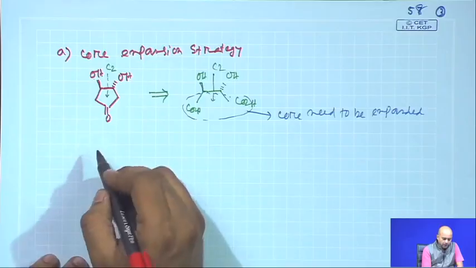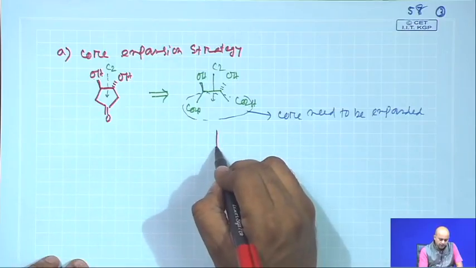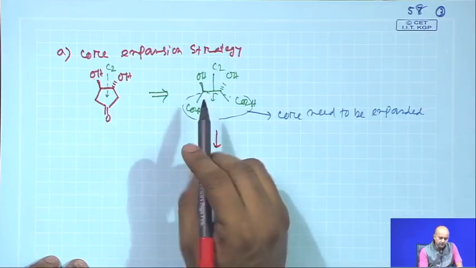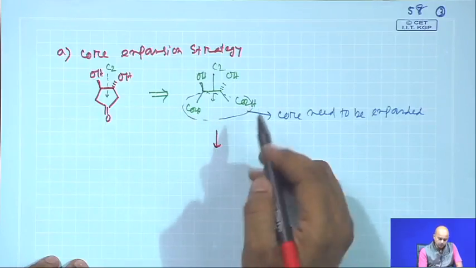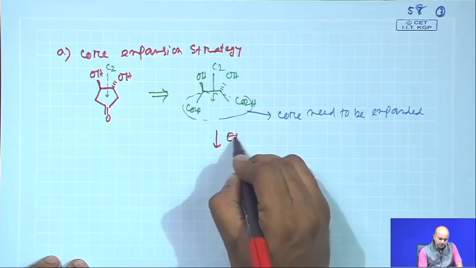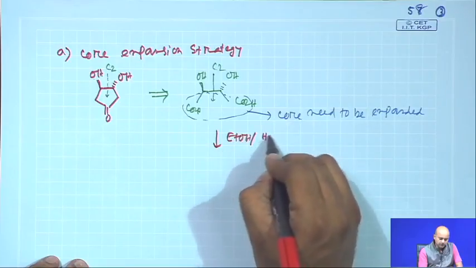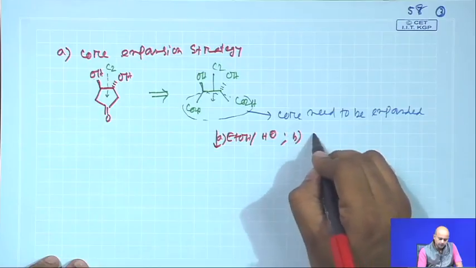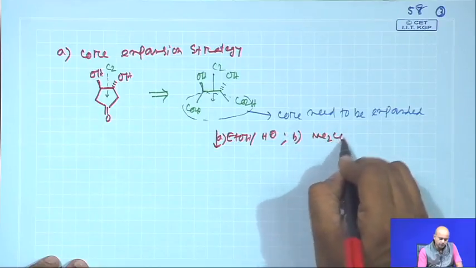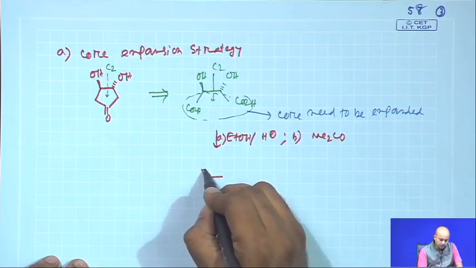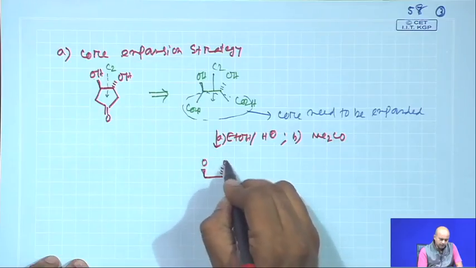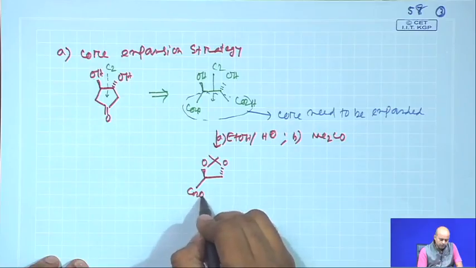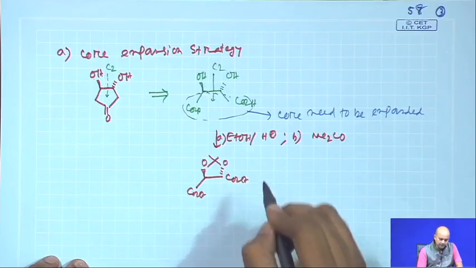Then how was it done in reality? If you have tartaric acid, as I said, first you convert the carboxylic acid to diester by ethanol and H plus treatment, step A. Step B, just protect with acetonide, and then we basically get this acetonide protected CO2Et, CO2Et.